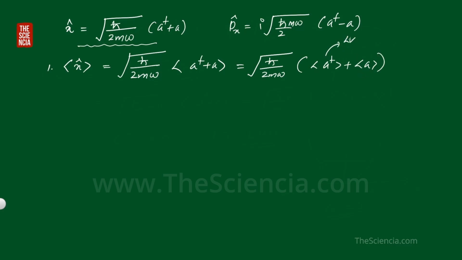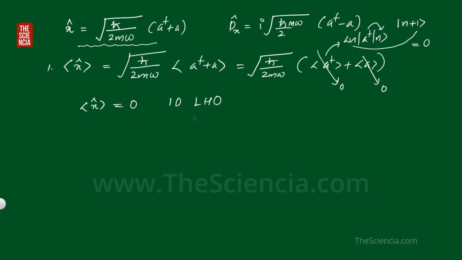This is bra n a dagger ket n. If this creation operator operates on ket n, then the state becomes n plus 1, right? Then the scalar product of these two terms becomes 0, right? Therefore, expectation value of a dagger for the same state is 0, and for the annihilation operator also it is equal to 0. Okay, that is expectation value of x equal to 0 for 1D linear harmonic oscillator.